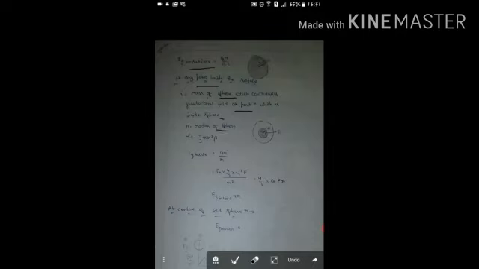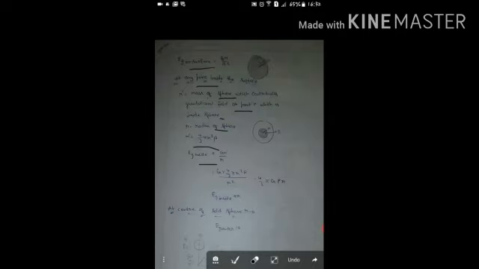Here r is the distance of the point from the center, and M dash is equal to the volume, 4 by 3 pi r cube, into rho, and Eg inside is equal to G M dash by r square. Here M dash is equal to 4 by 3 pi r cube into rho.